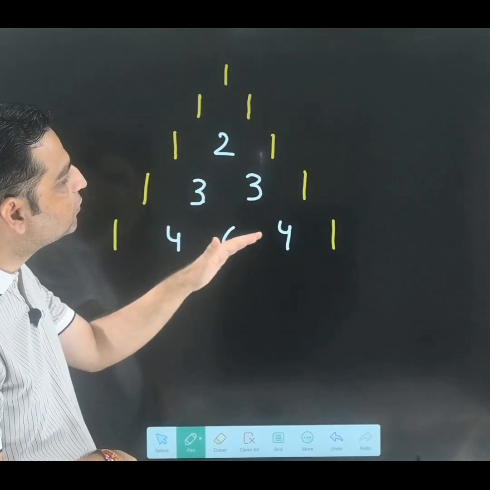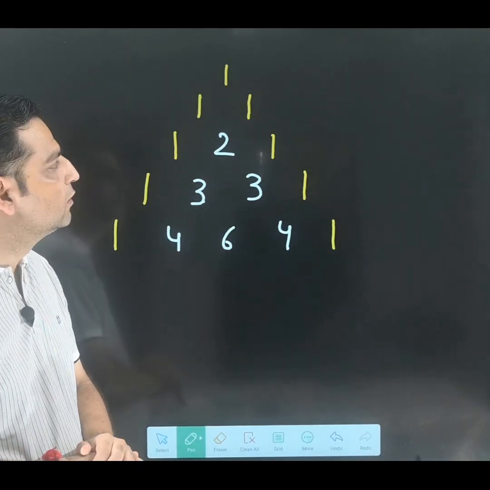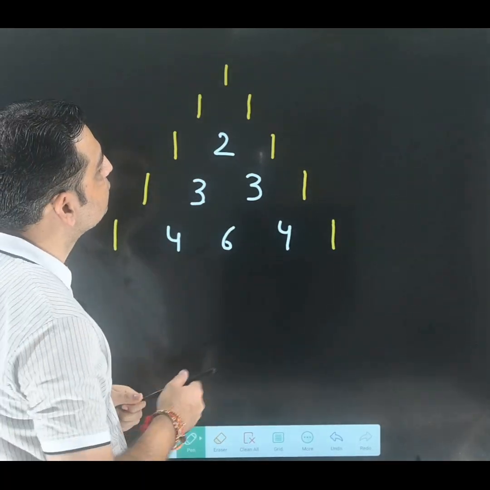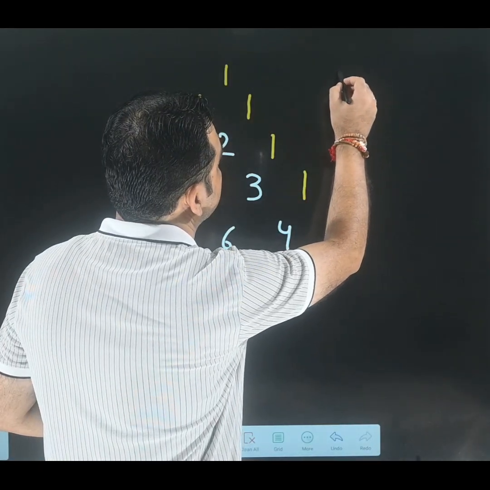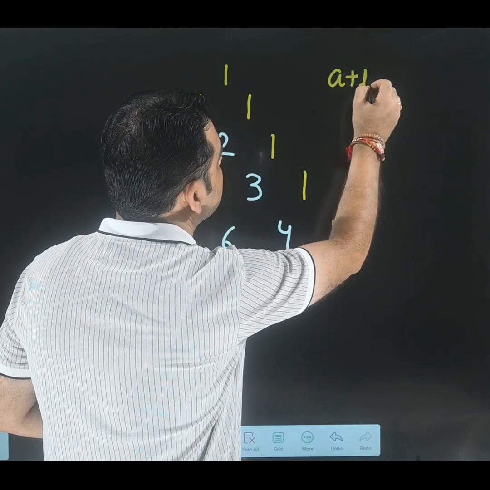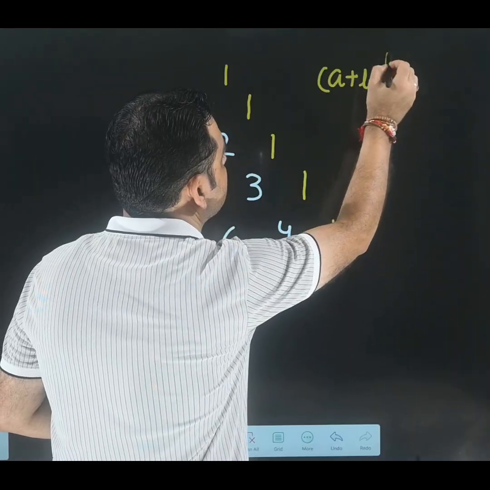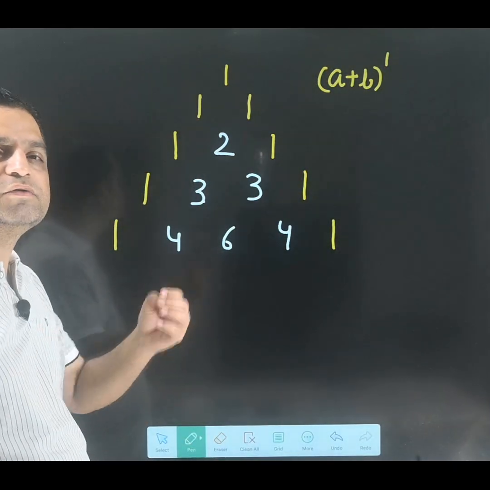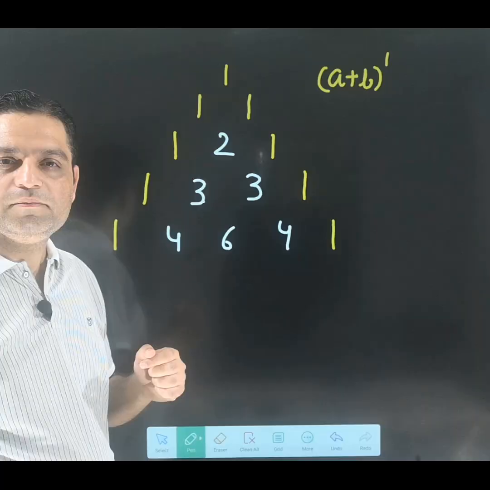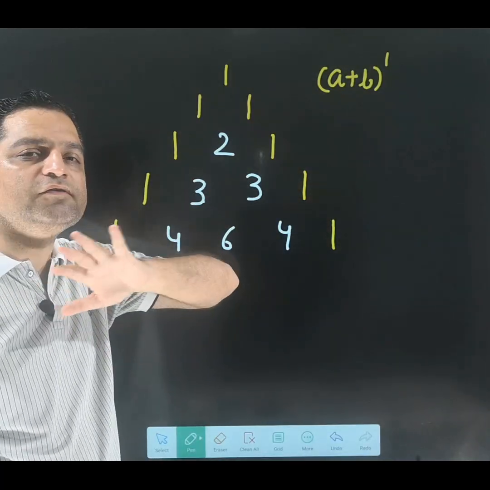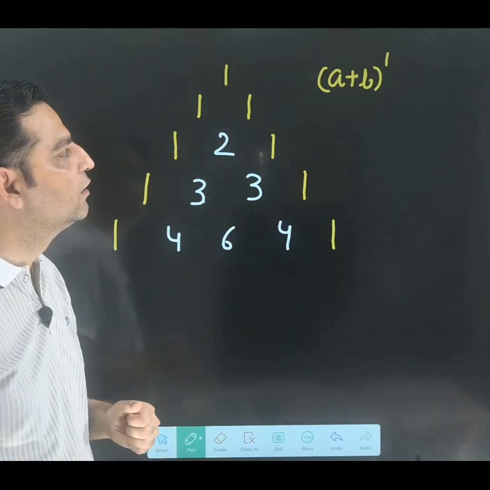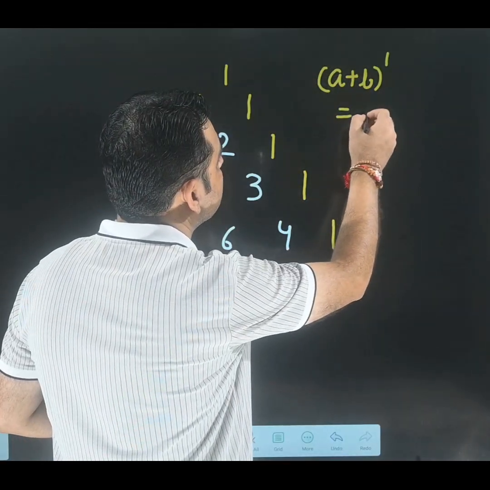Now, what is the benefit of writing it? See, the benefit of writing it is like (a plus b) to the power 1. Let me focus first of all on (a plus b) to the power 1, because everybody knows power 1 is not going to change the value. (a plus b) power 1 will remain a plus b, right?